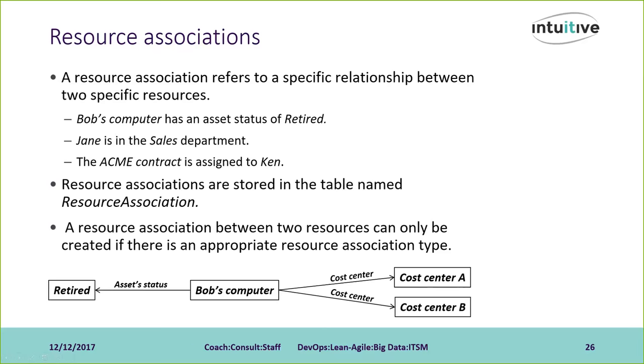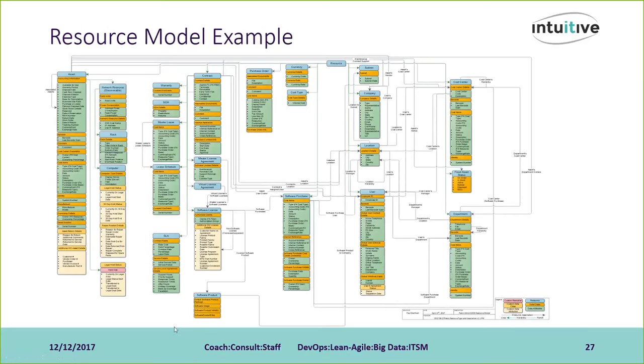I put up a graphic of a resource model. This is a resource model that I created with Visio at a customer engagement recently, and I just wanted to provide a graphical interpretation of what the finished product looks like. If you look at the headers in blue, those are all our resource types.